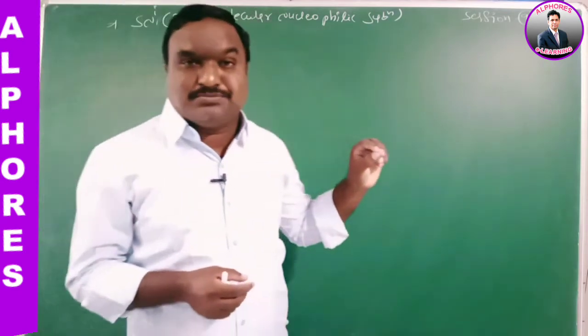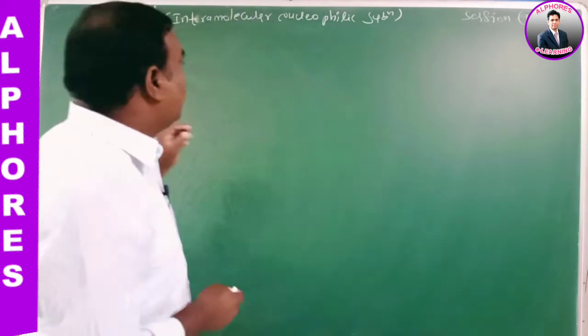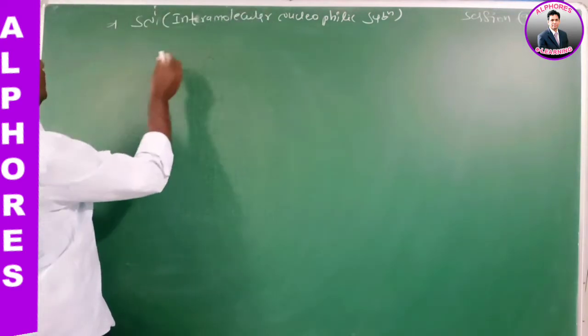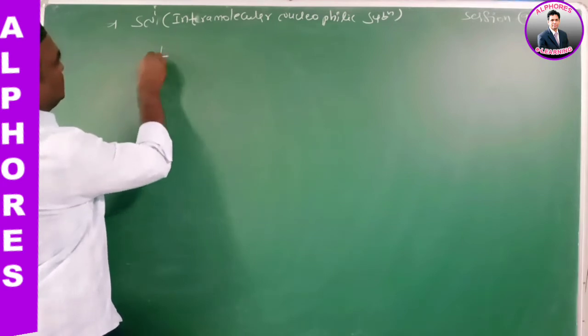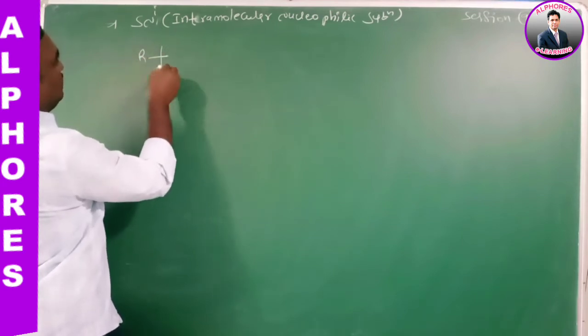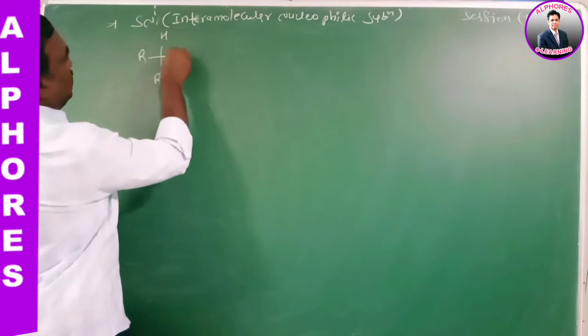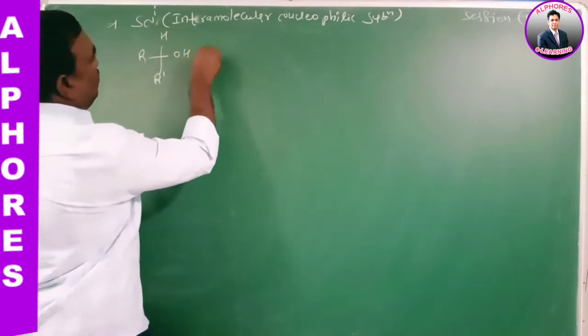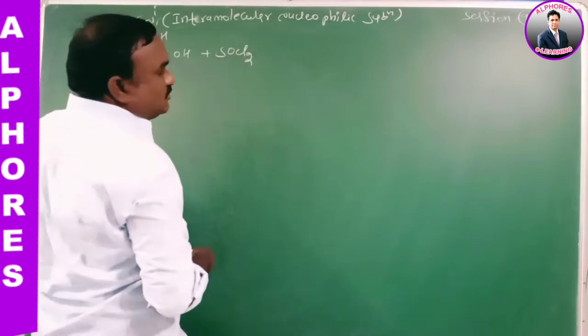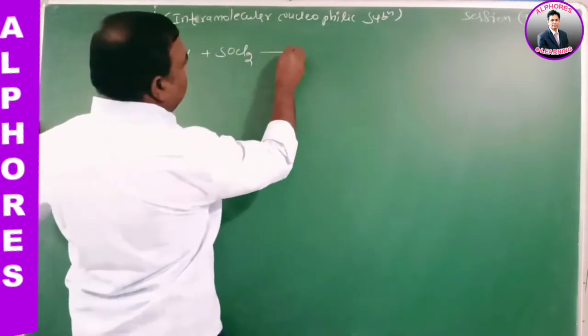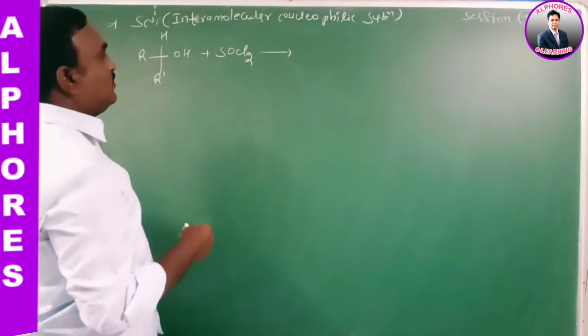For example, here an alcohol is given with OH. The compound reacts with thionyl chloride, SOCl2, in the presence of pyridine or in its absence, it doesn't matter.